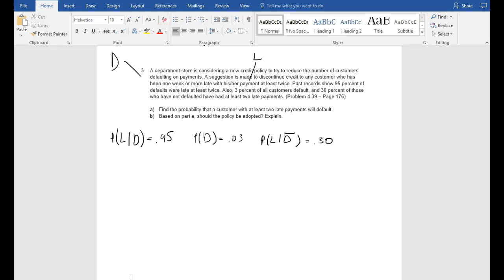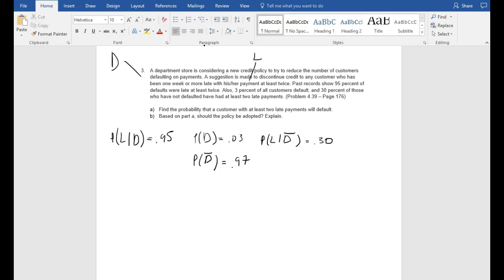So we can say 1 minus the probability of any event is going to be the complement of that event. So the probability of D complement, so not defaulting, is going to be 1 minus 0.03, or 0.97.